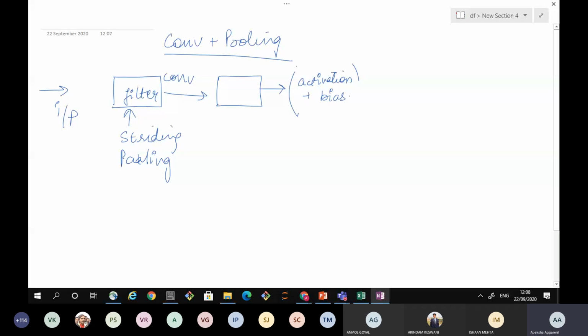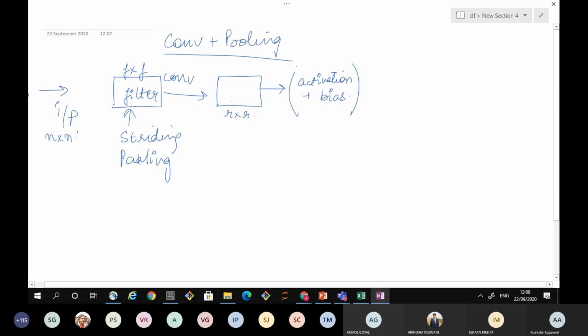We have seen in the last class that after we get this convolution image, that is r cross r image, the input was n cross n image and the filter was f cross f.